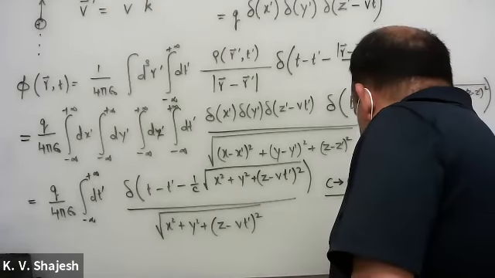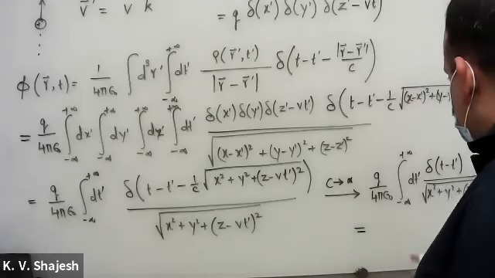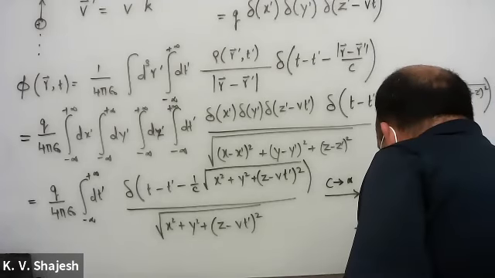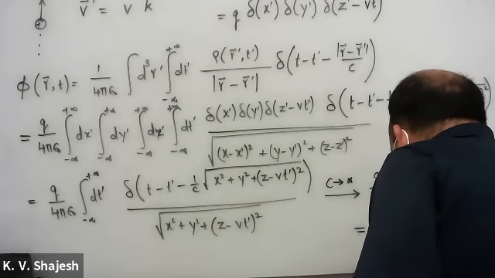And what is that equal to? That integral can be done right now. Just replace t prime with t. So that's the same as q over 4 pi epsilon naught.